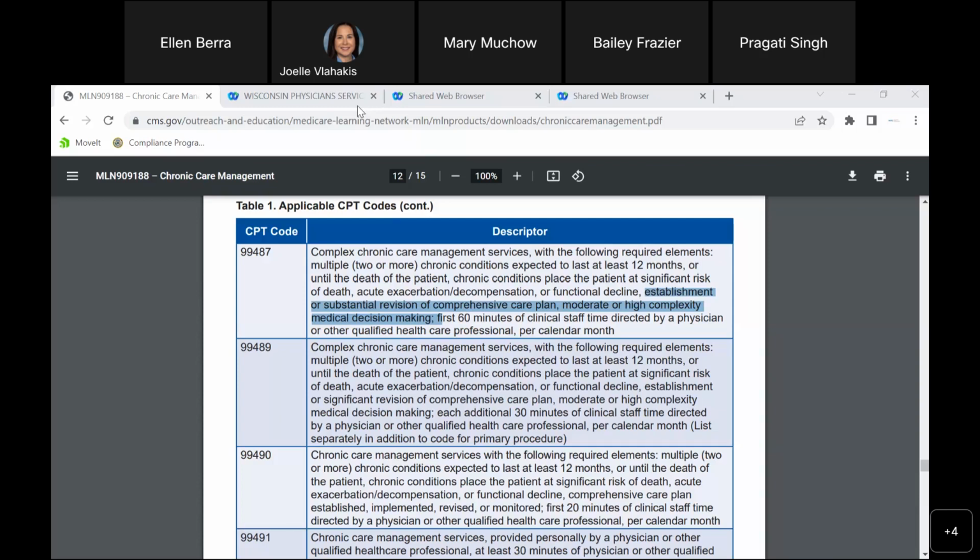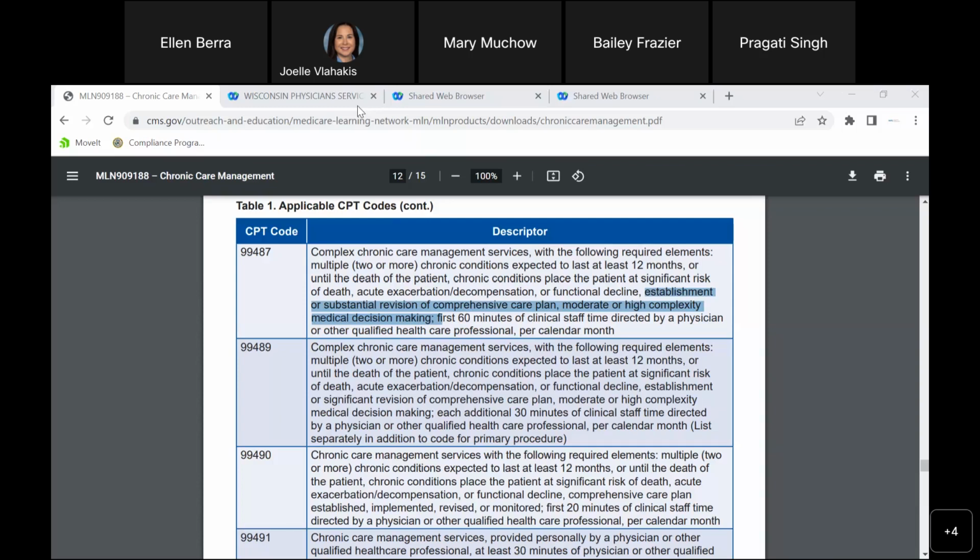But if you have moderate or high complexity medical decision making during the month, you would move the time you have already spent into that procedure code. And if you hit that 60 minutes, then you can bill the 99487 rather than the 99490.